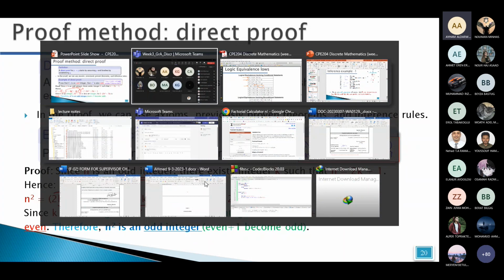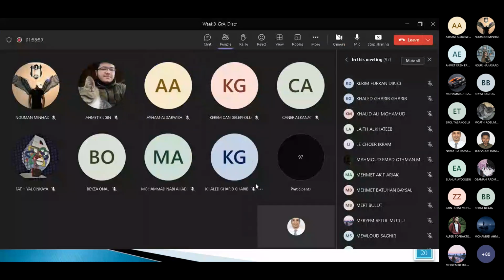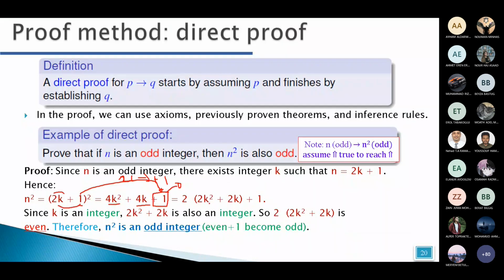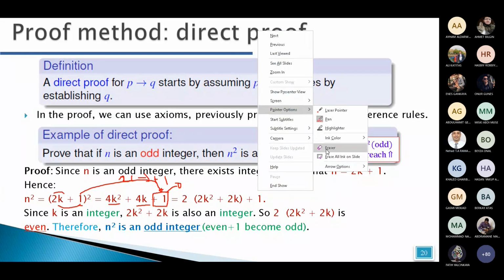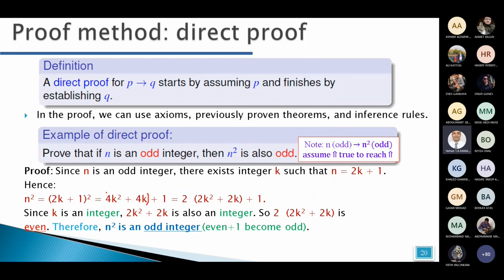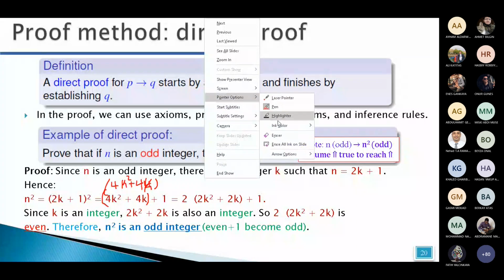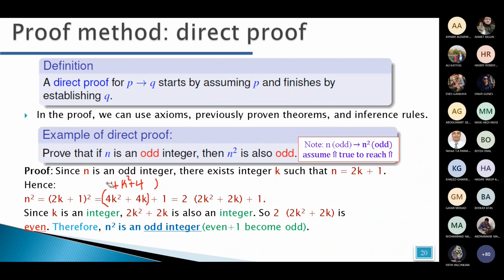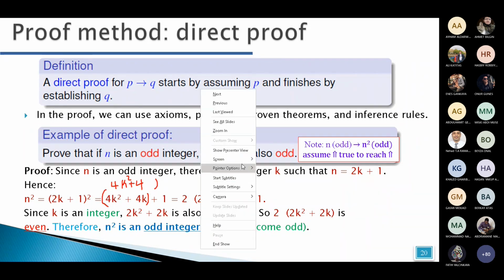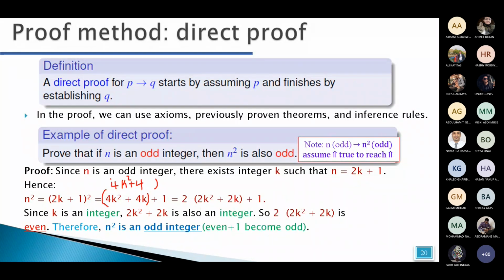So we need to just rearrange this: 4k to the power 2 plus 4k, all this plus 1. We just make this one here.